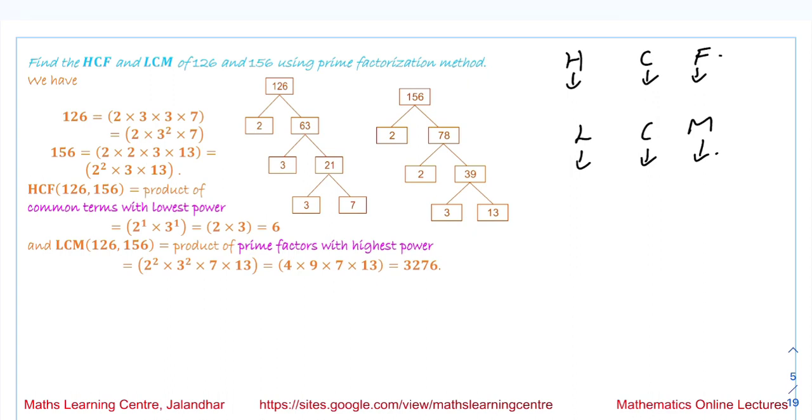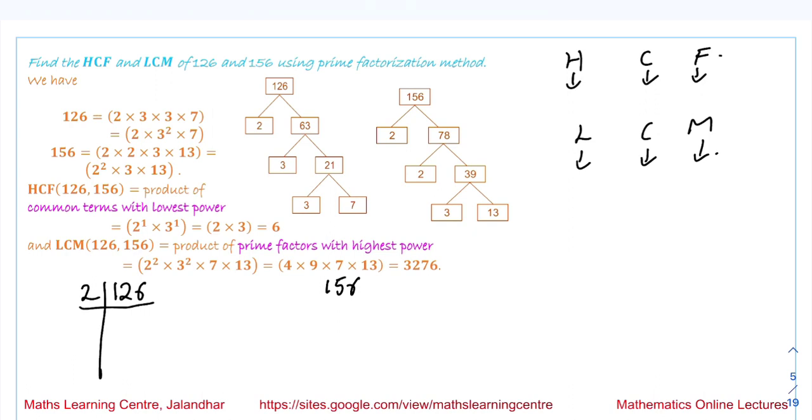Now with this example, it will be more clear to you what the meaning of both these terms is. So first of all, we are going to find the factors of both these values. I am talking about the prime factorization of 126 and 156. 126 is divisible by 2. It is 6 over here, so it is divisible by 2.